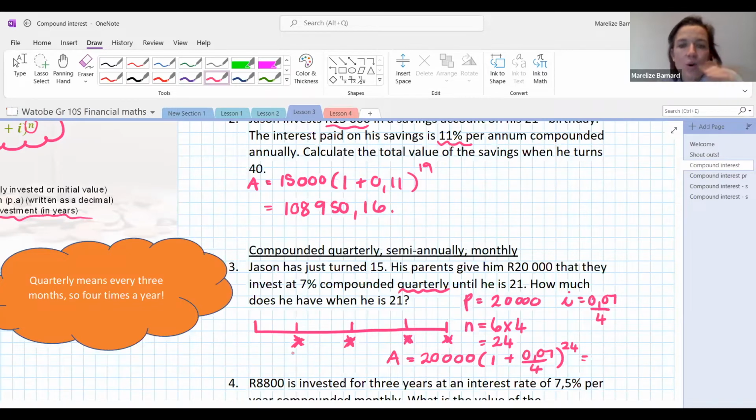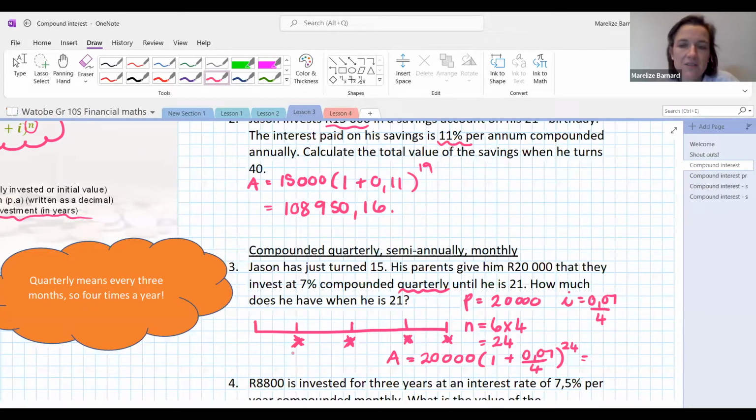And because you are getting interest 4 times a year, and there are 6 years, we times the 6 years by 4. I hope that's clear. We are going to do more examples, but we always divide the interest rate by 4 if it's quarterly, and we times the years by 4 if it's quarterly, because of that compounding that happens 4 times a year.